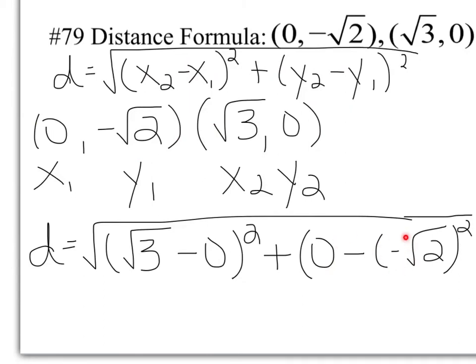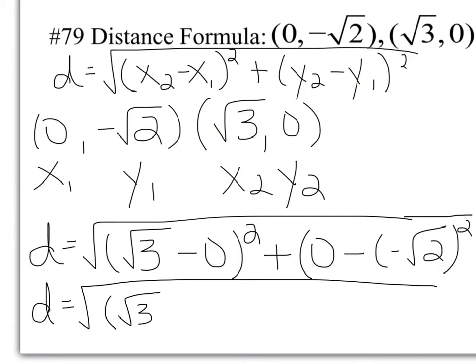Okay, so again, be real careful because right here I have minus a negative. So you have to be real careful there. So let's clean this up a little bit. The distance equals the square root of 3 minus 0 is just this, anything minus 0 is just itself. So that's the square root of 3 squared plus 0 minus negative square root of 2. We're going to add a line, change the sign. And so it's going to be the square root of 2 squared.